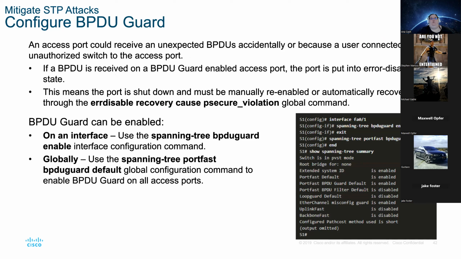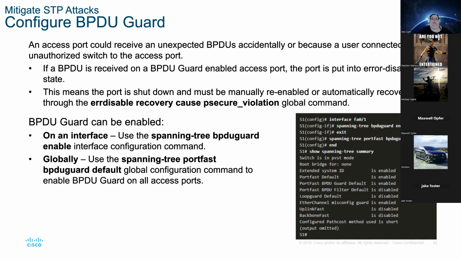Configuring BPDU guard. An access port could receive unexpected BPDUs accidentally or because a user connected an unauthorized switch to the access port. If a BPDU is received on a BPDU guard enabled access port, the port is put into our favorite old error-disabled state.